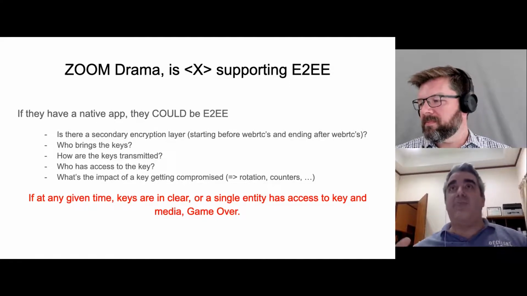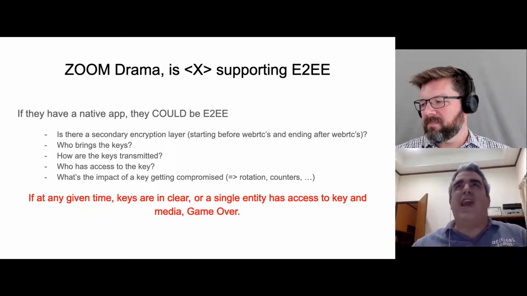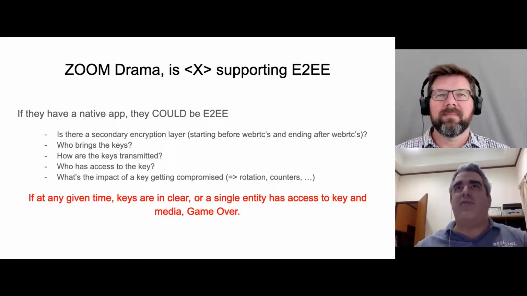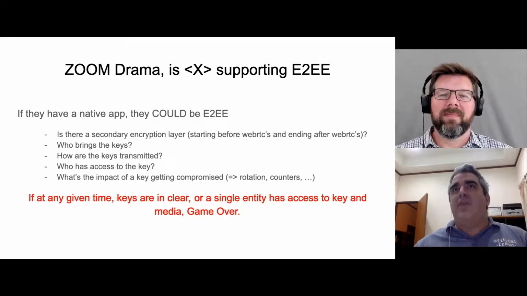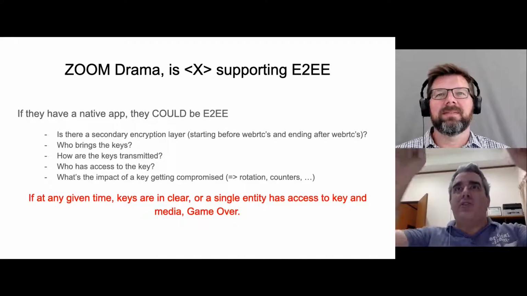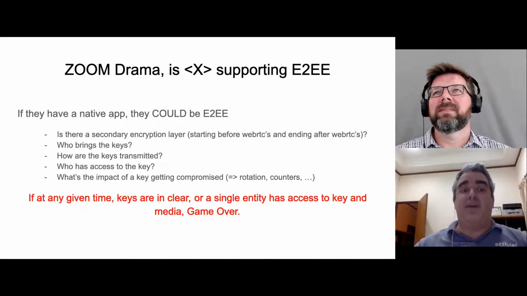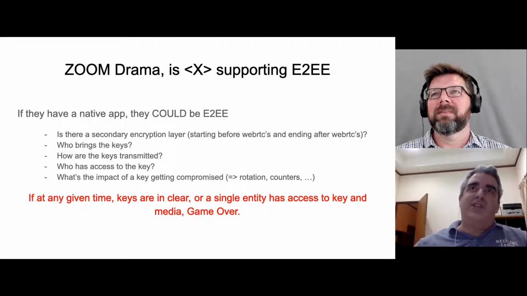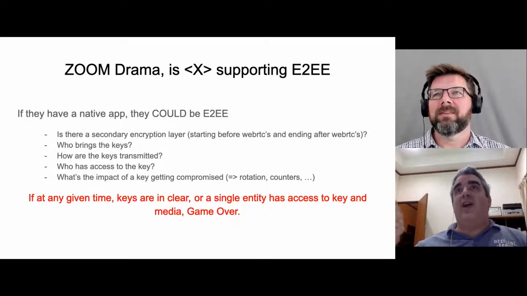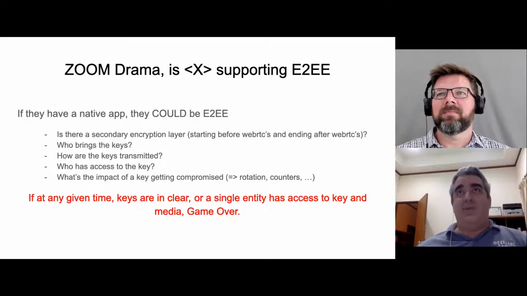They buy an encryption that is really strong with a 2048 bit key and RSA and whatever, and then they put the key under the mattress, with a panel on the door saying, return the keys under the mattress, help yourself. So the rule of thumb is that the list of questions is actually trying to check if at any given time, the keys are either publicly accessible by anybody looking, or if anybody in the system has access to both the key and the media at the same time.